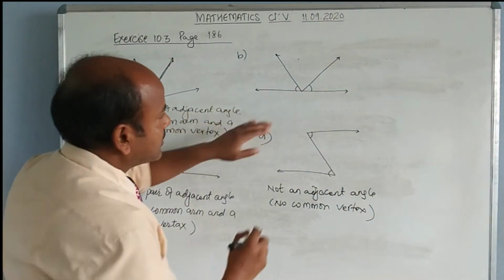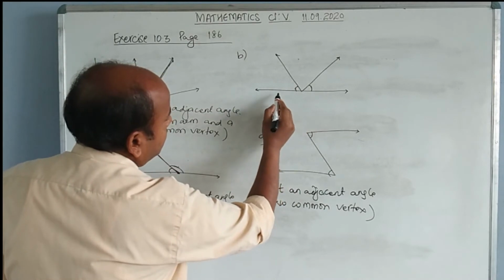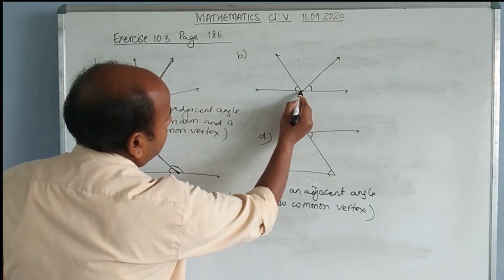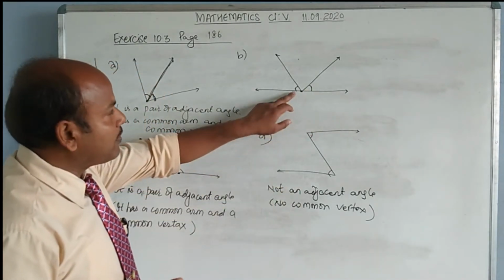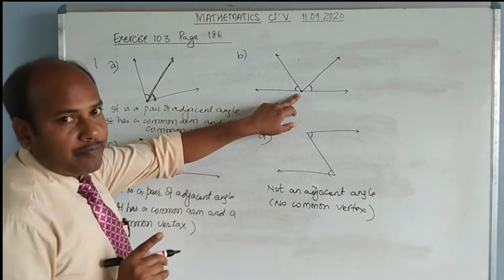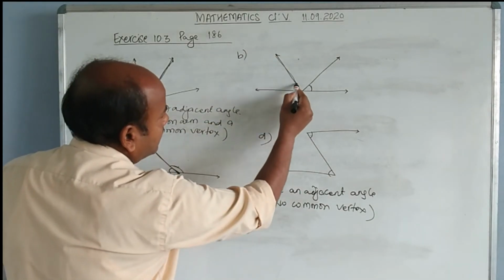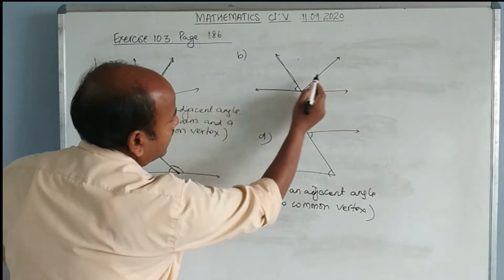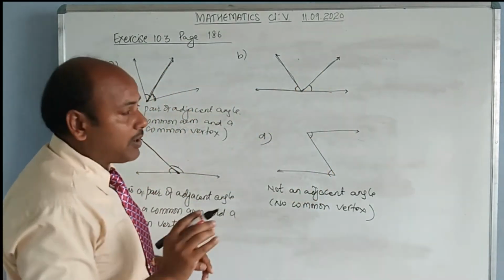Now look at this. One angle, another angle. This point is for this angle and this point for this angle. That means it has a common vertex, but does it have a common arm? This arm and this arm, and this arm and this arm are separate. It does not have a common arm.